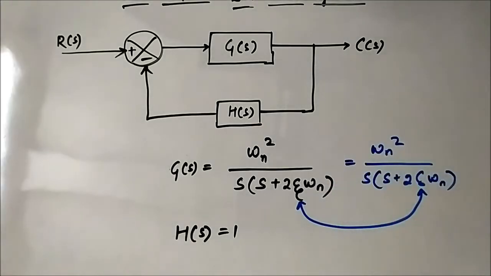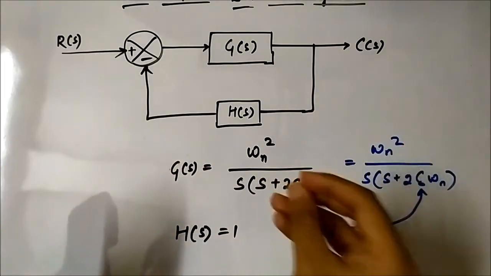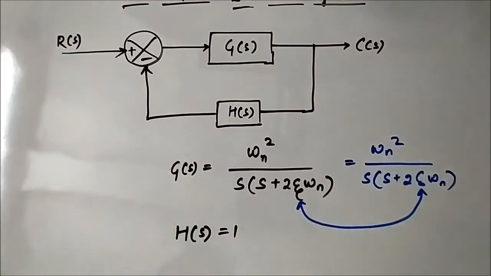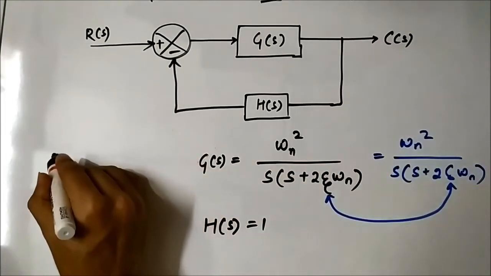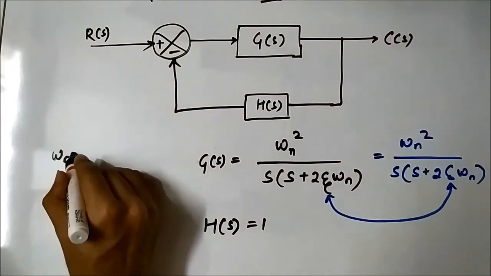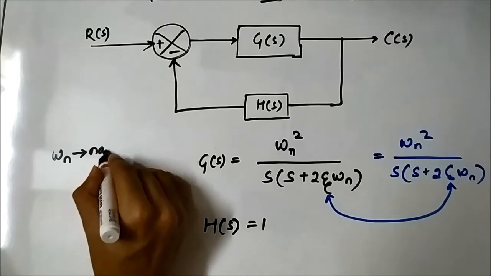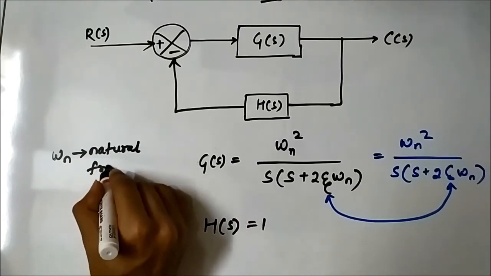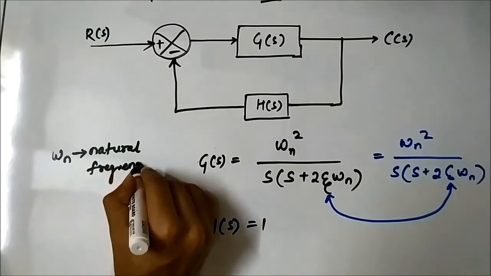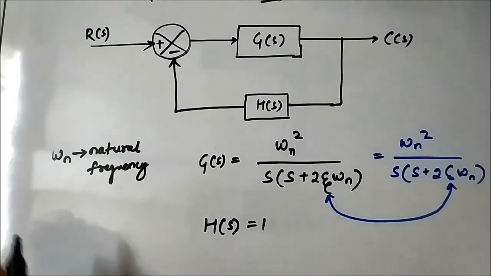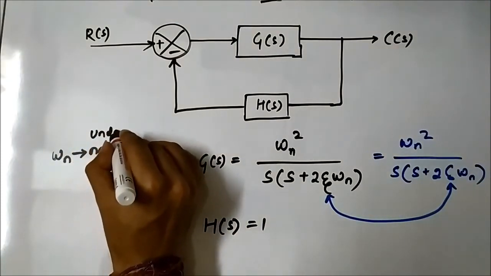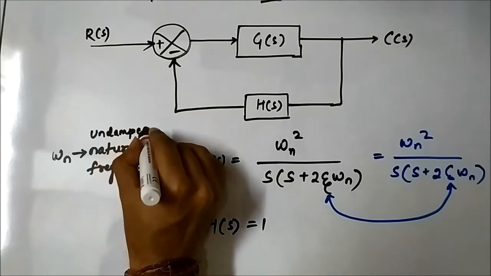Now, what do these symbols mean? This omega n is called the natural frequency of oscillation of the system. Natural frequency, or it is also called the undamped natural frequency.